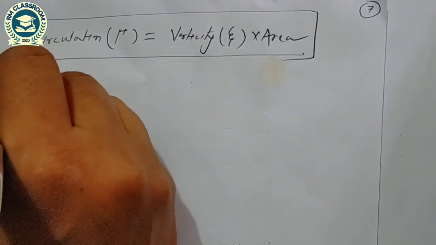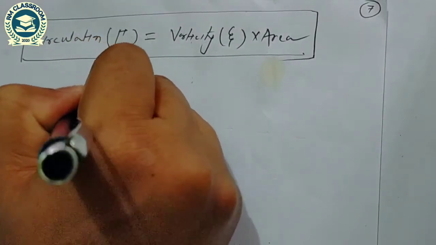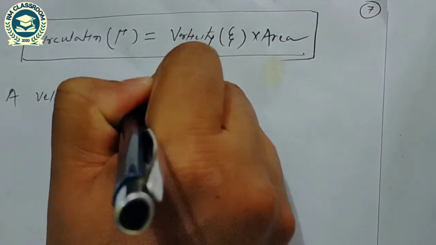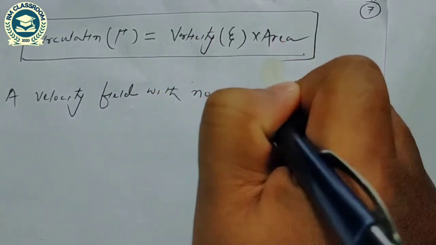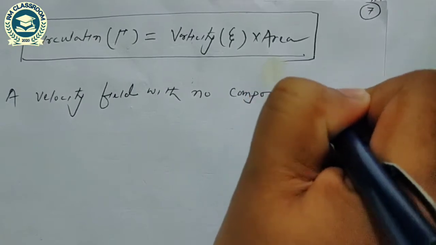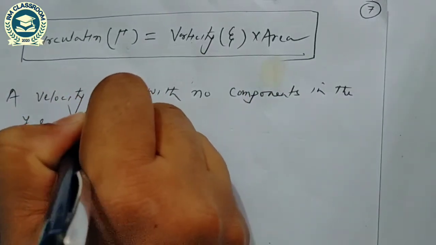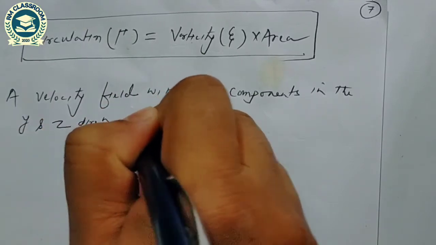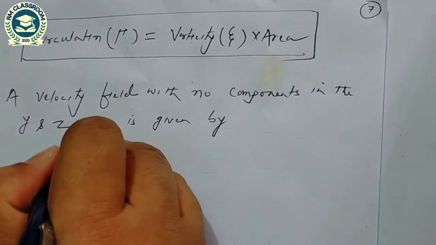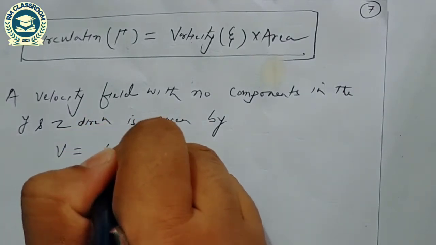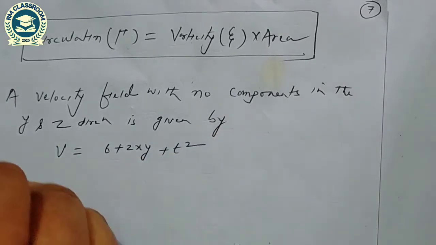So let us take some problems. A velocity field with no component in the y and z direction is given by u is equal to 6 plus twice xy plus t square.